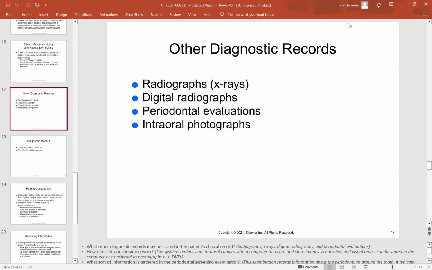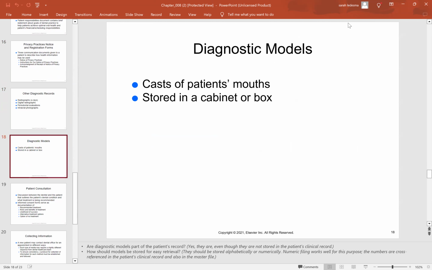Other diagnostic records could include x-rays, digital radiographs, periodontal evaluations, and intraoral photographs. Diagnostic models may also be included. These include the cast of the patient's mouth, but these will typically be stored in a cabinet or box.